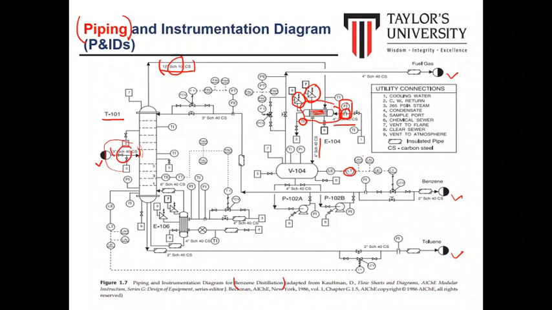Then, to control the level alarm high or level alarm low, it will transmit the signal to the level indicator controller before it transfers the signal to the level computer. LY is the computer output, and then it will send the signal to the level control valve.